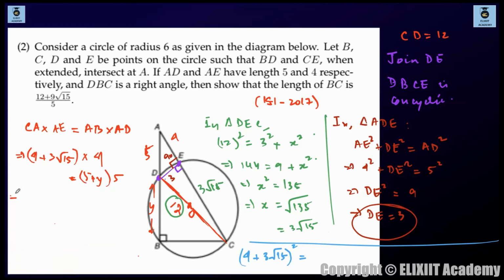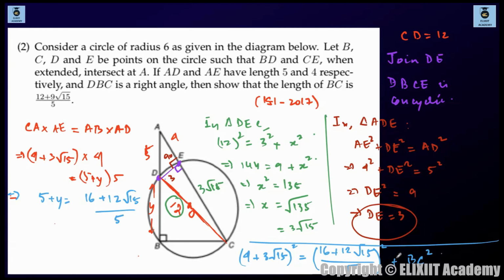So 5 plus y is how much? 5 plus y is 16 plus 12 root 15 divided by 5. So it's 16 plus 12 root 15 divided by 5, whole square, plus BC square.